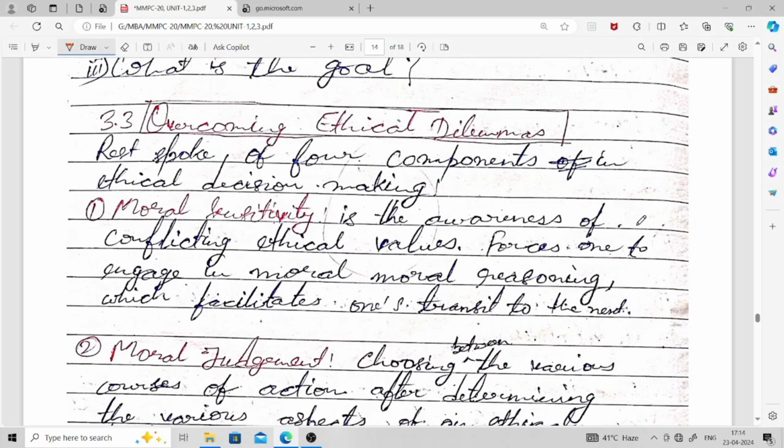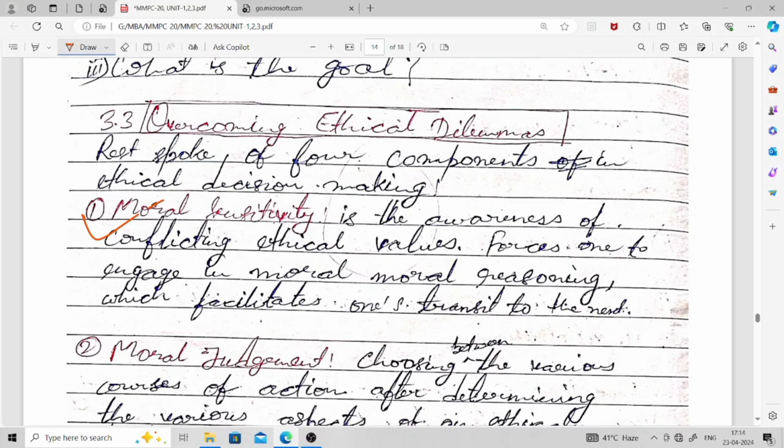It is the awareness of conflicting ethical values, meaning how those ethical values conflict. Whenever there is a conflict of moral values, there should be more sensitivity.